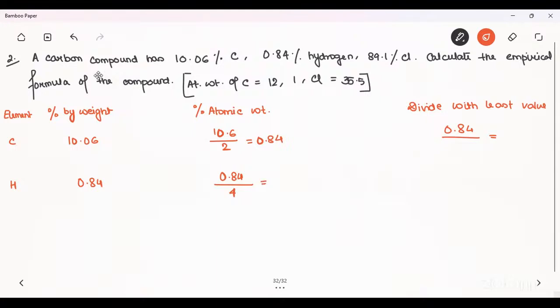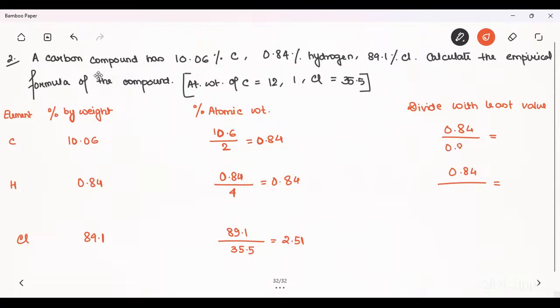It will be 0.84. Again 0.84 divided by what we have to see. Third is chlorine. It's 89.1. So 89.1 divided by 35.5. It will come as 2.51. So among these, the least is 0.84.